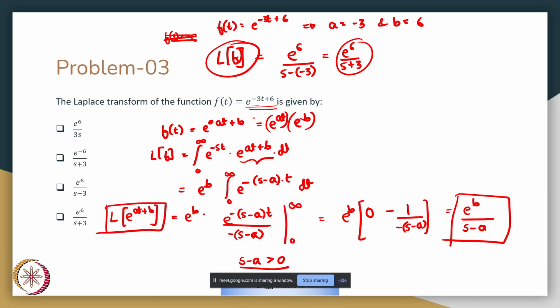So this gives us our specific solution for the Laplace transform of this particular function, which is e raised to 6 upon s plus 3, option D. In this particular problem, we looked at an exponential function which is linear in the argument t, or could be in x, and then calculated the Laplace transform for this general linear exponential.